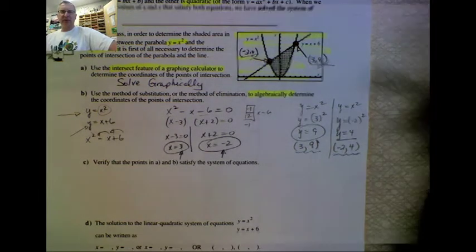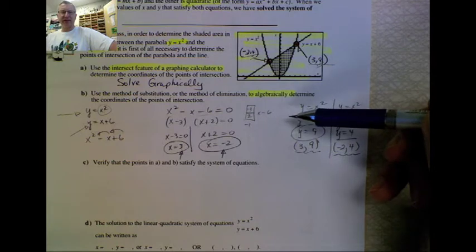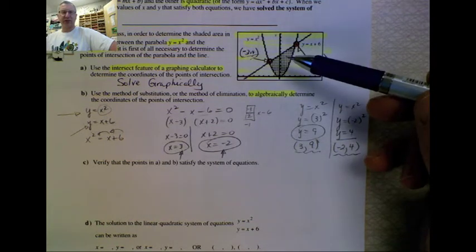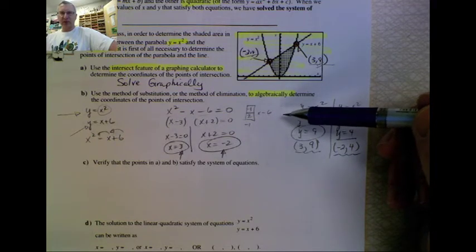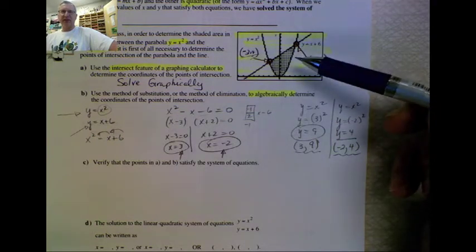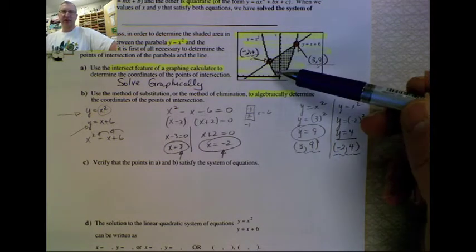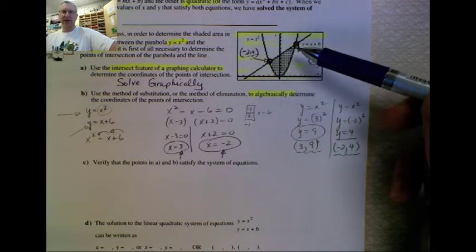And some people will be saying, well, Mr. Kaminsky, this is a lot of work to do algebraically when I can just punch it in my calculator and get the solution. You're right, but there are reasons we're teaching you to solve this algebraically, because there are problems that are going to be really difficult to solve graphically. It'll be almost impossible to find the points of intersection just because of the complicated graph you would end up with.